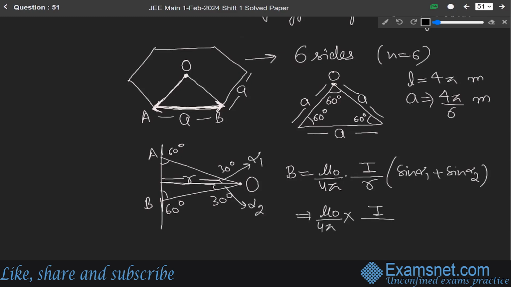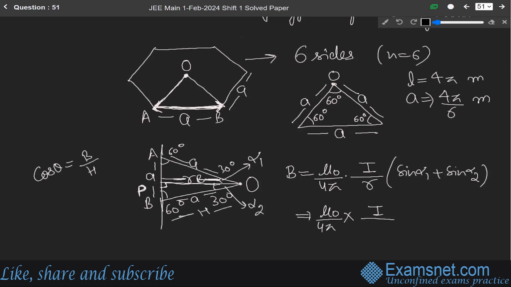Now we have to find this R. This is A, this is also A, and this is also A. Now using the cos formula, cos theta equals base over hypotenuse. So this is perpendicular, this is base, and this is hypotenuse.